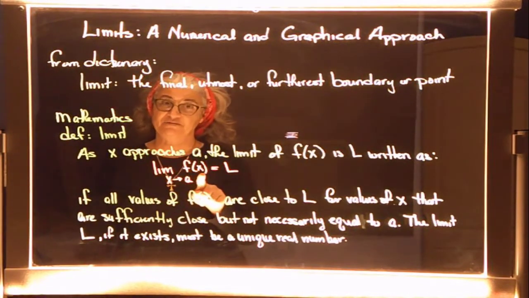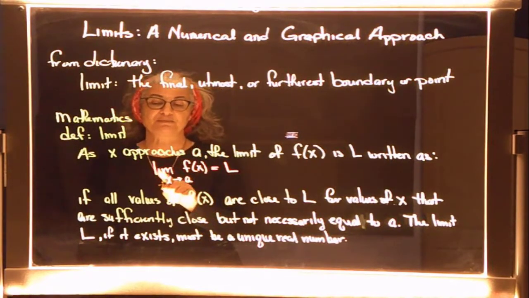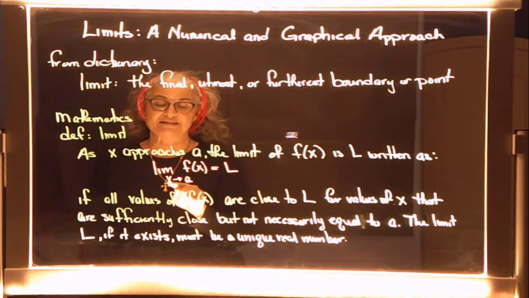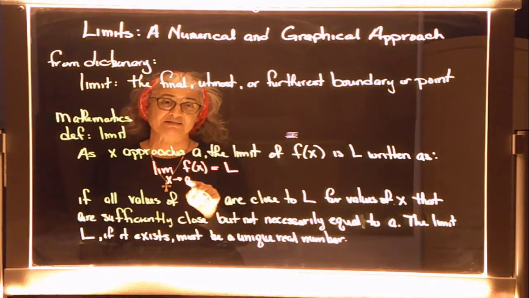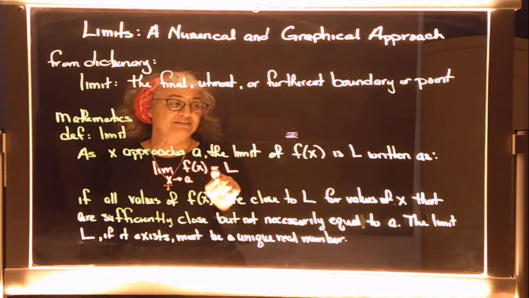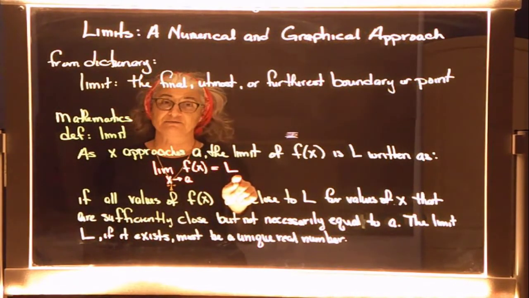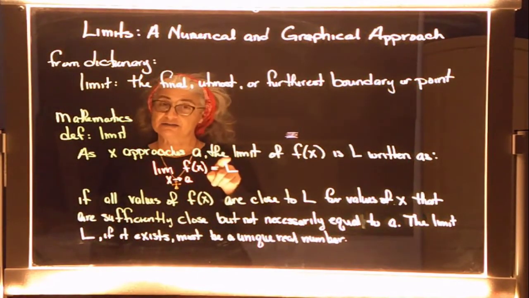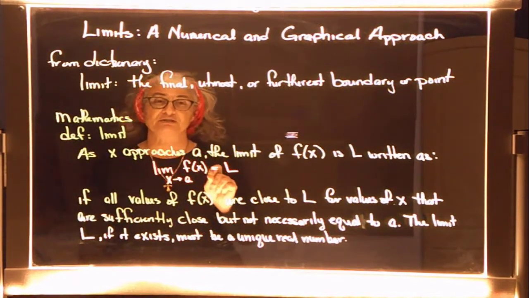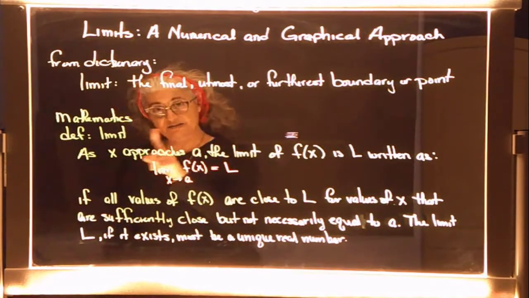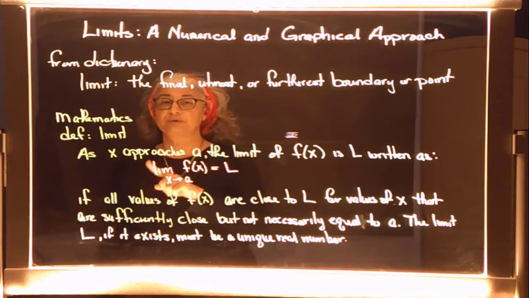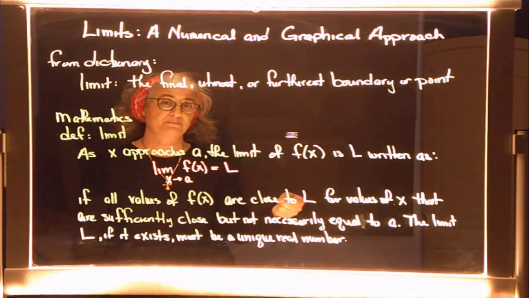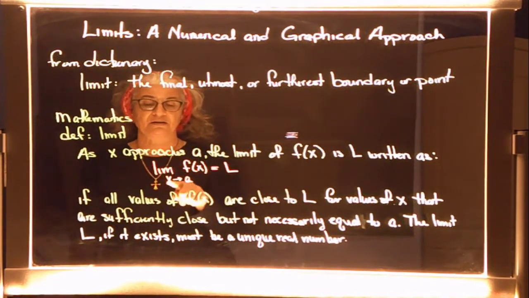The function f of x, okay? So I'm taking the limit of this function as x is getting closer to this other x value known as A. And it finally is equal to L. Now, L, here's a question. Would L be considered an x value, or do you think L would actually be considered a y value? Here's your x's, and they're getting to this other x value.